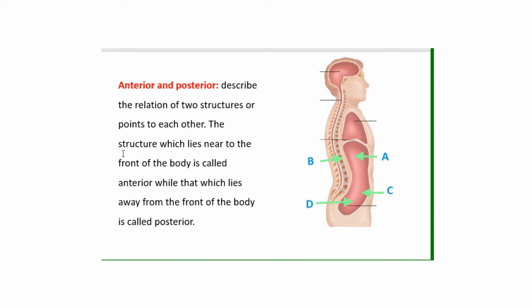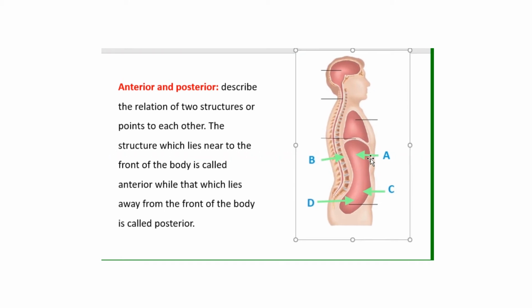The structure of them which is nearer to the anterior body wall is anterior to that which is farther away from the anterior. So if we take A and C, C is anterior to A. If a point is put here and determined one here at the tip of the arrow, it is anterior to this point.